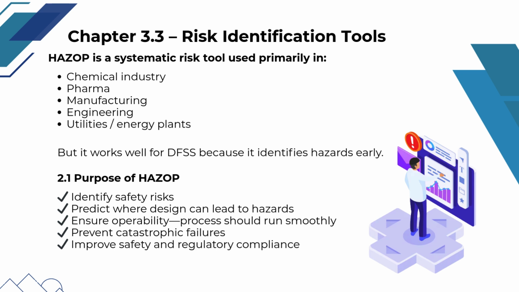Its primary purpose is to uncover safety risks, predict where design choices could lead to hazardous situations, ensure the process operates smoothly under normal and abnormal conditions, prevent catastrophic failures, and strengthen safety and regulatory compliance, making it a powerful tool for building safe and robust new designs.